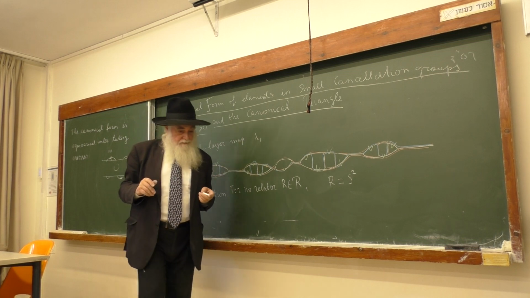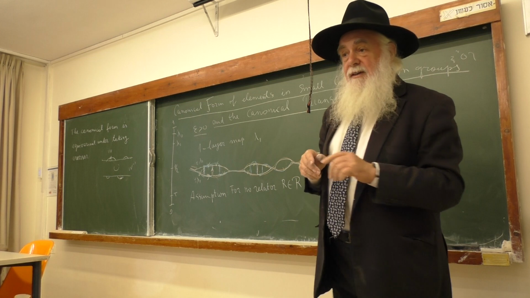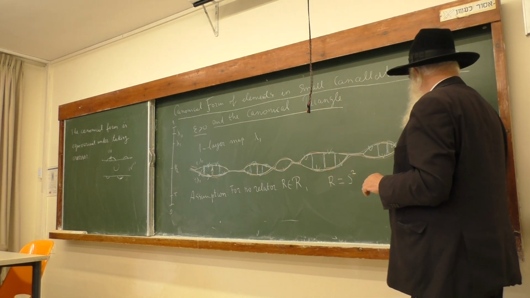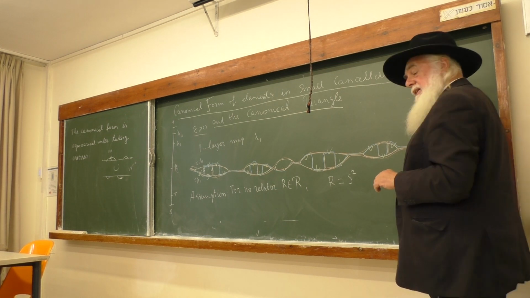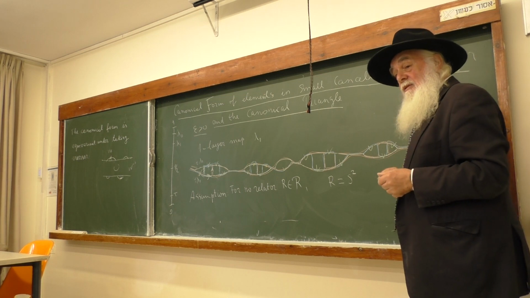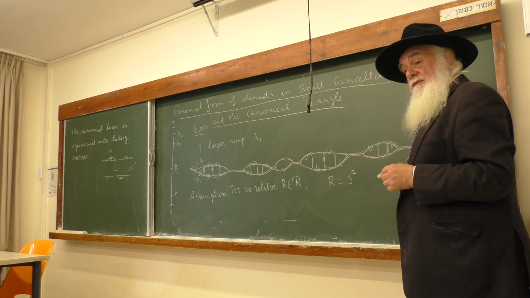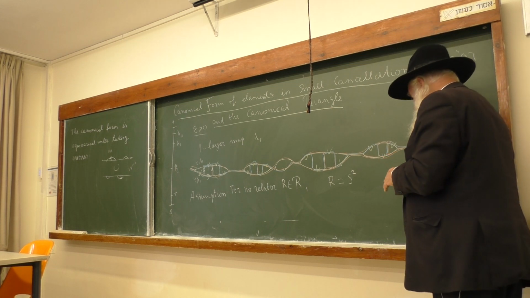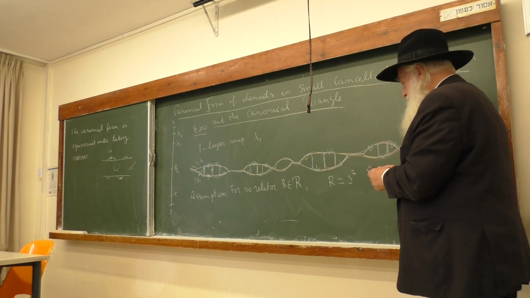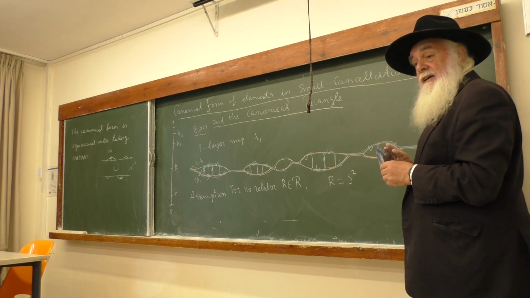Now, what will happen, for example, if we add just one letter to the word, or maybe more, but just one letter? How can this affect the canonical form? It turns out that there are some situations in which the result of just adding one letter will be very strong.